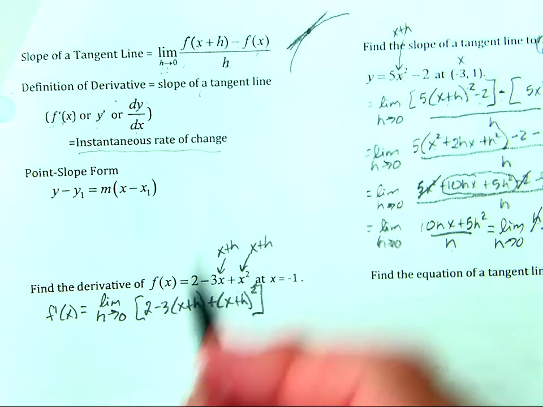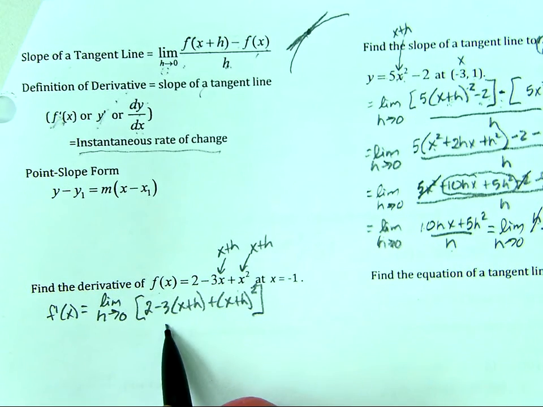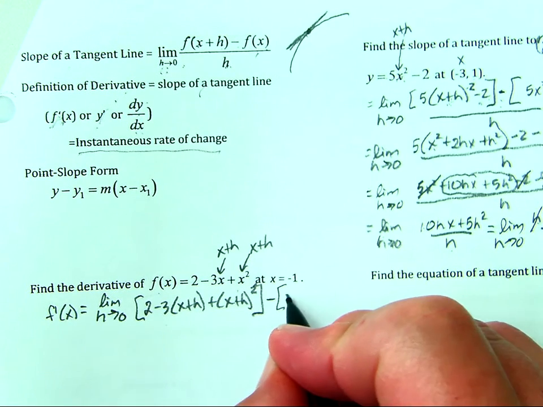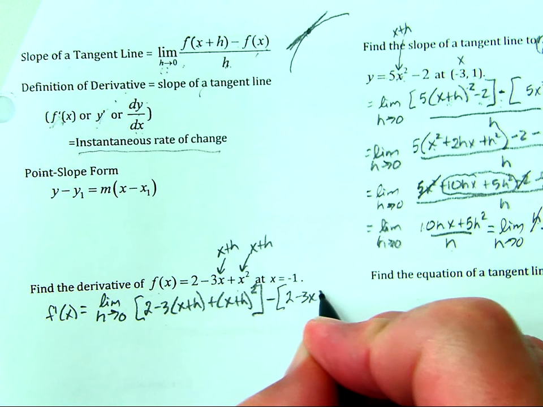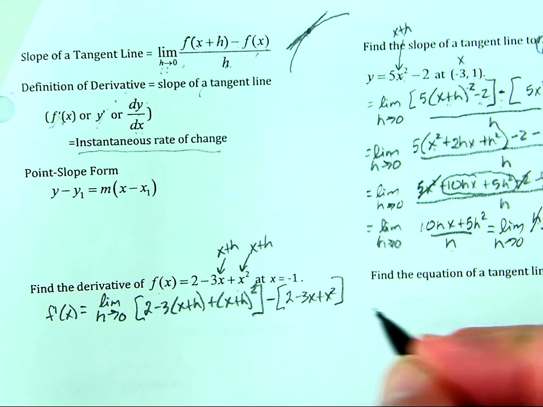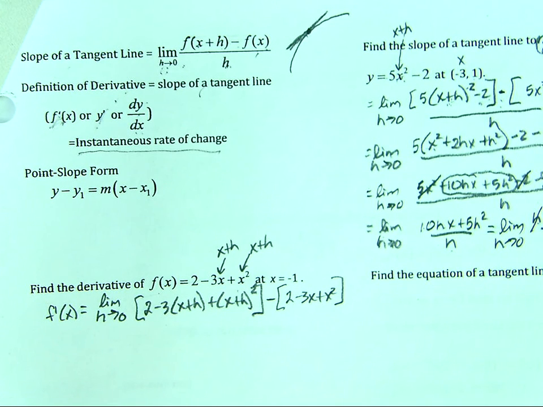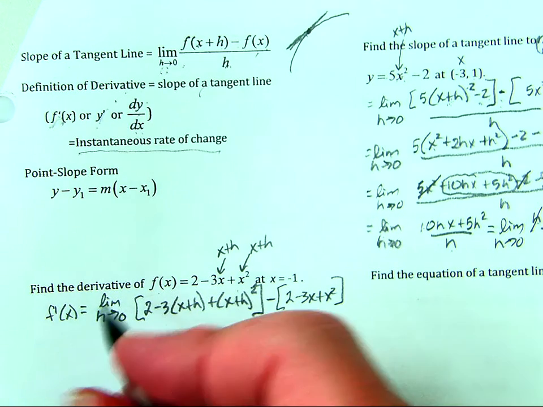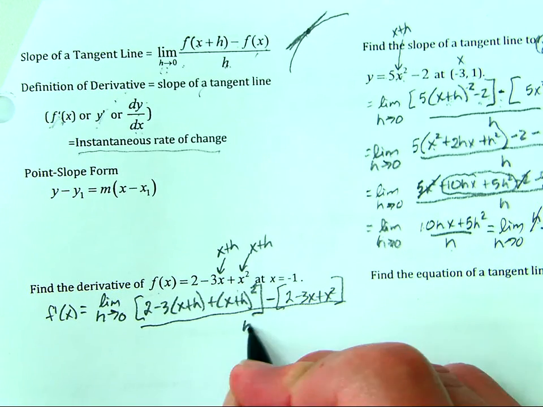So that's f of x plus h, all that right there. Now it's minus f of x. Again, f of x is our original equation, so 2 minus 3x plus x squared. And that's all over h.